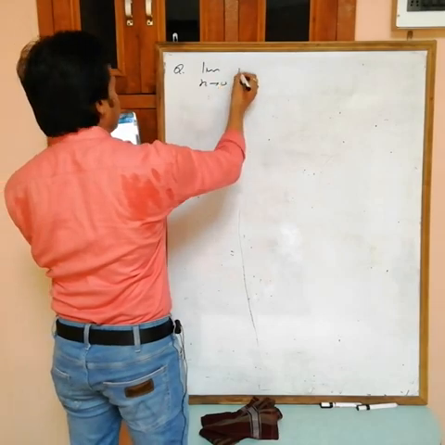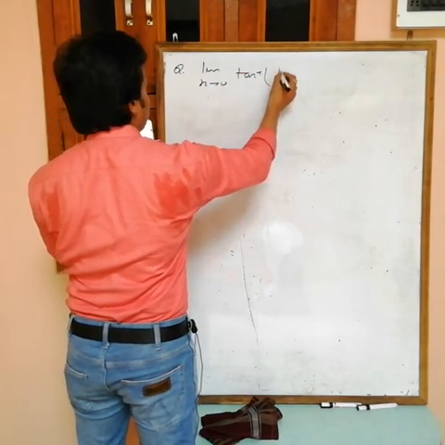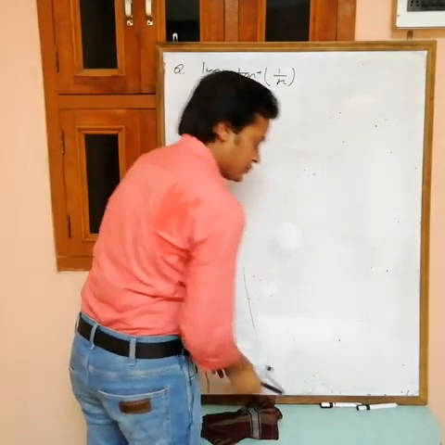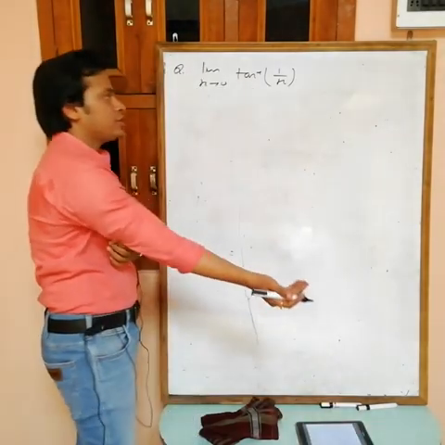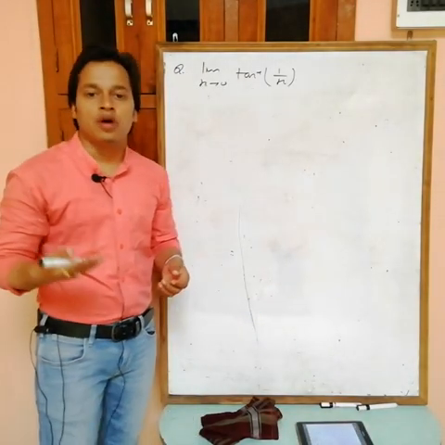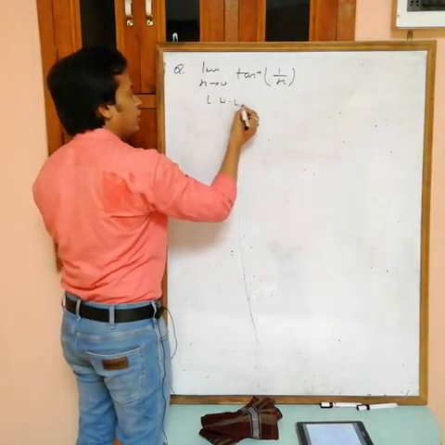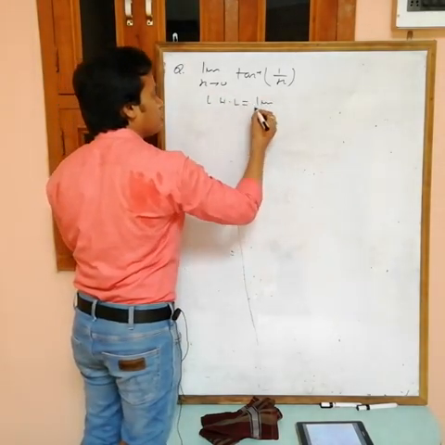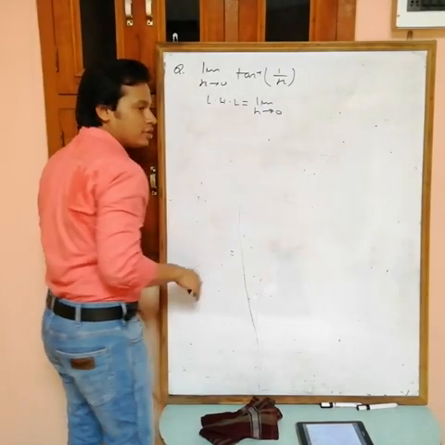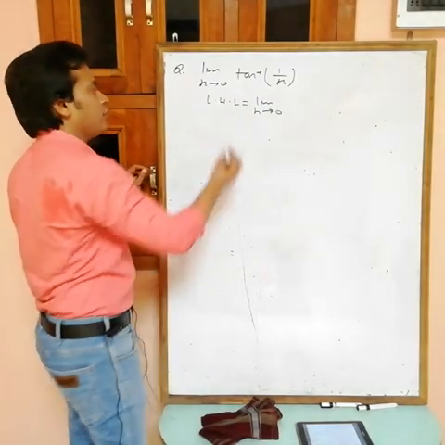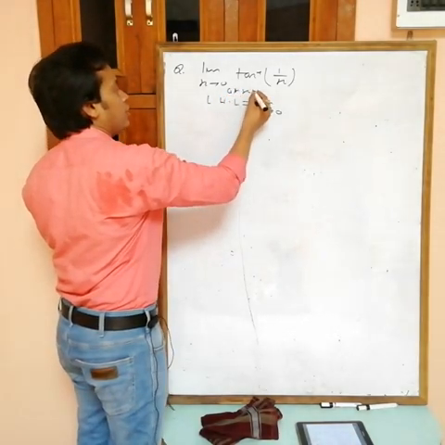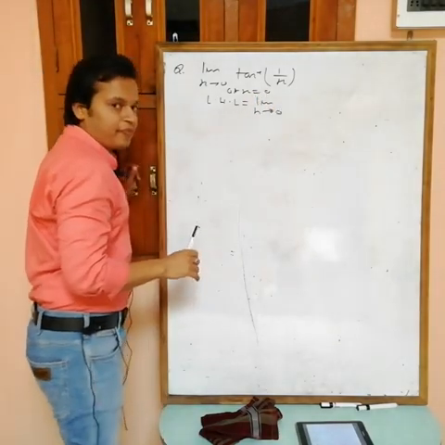Limit x tending to 0, tan inverse 1 by x. Again same, limit is said to exist if LHL equals RHL equals finite. Then LHL is the value of the function at a minus h. A is 0, at x equals 0.